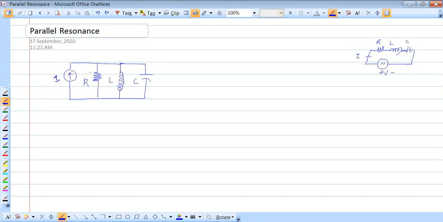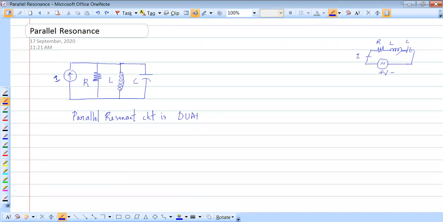This is because we call the parallel resonance circuit as the dual of the series resonance circuit. Everybody concentrate here. Okay, we say parallel resonance, very important statement. Parallel resonance circuit is what?